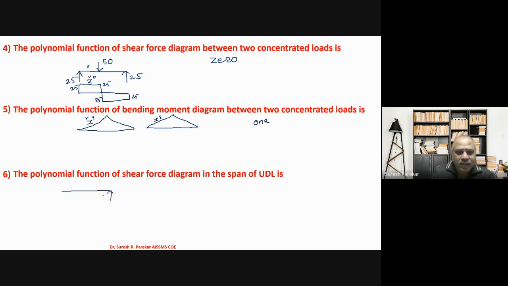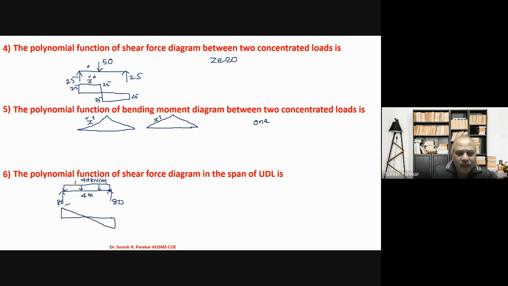Now, consider a beam with UDL. Let us say we have 40 kilonewton per meter over 4 meter. Then we have 40 into 4, 160, so we will have 80 and 80. If we draw the shear force diagram, we have it in this fashion.